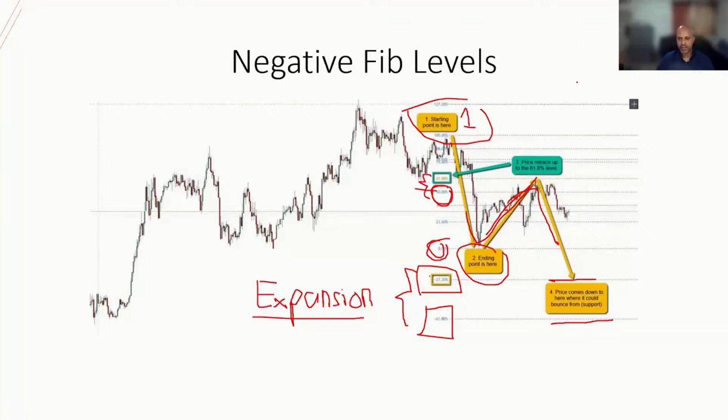The retracement has to come up to at least 50%. I'm talking about this retracement here, right? It has to retrace up to at least 50%, even better if it comes all the way up to 61.8. And then as it reverses to drop lower, the expansion levels are then likely to function as significant support.